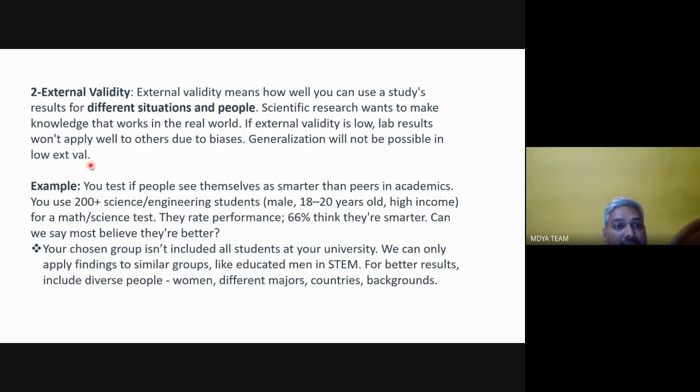So here external validity means different situations and people. It is completely about the use of study results for different situations and people, where we know that scientific research creates knowledge for the real world.